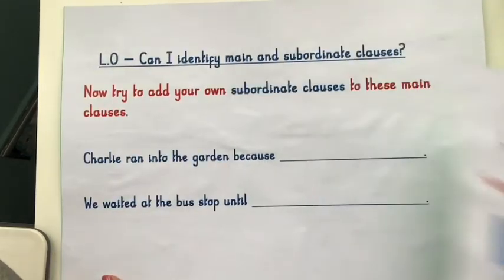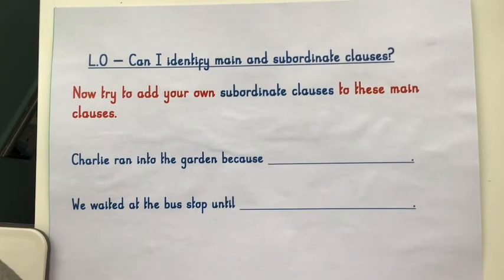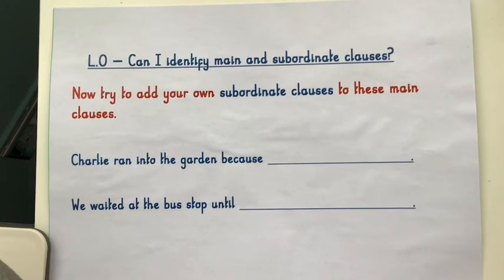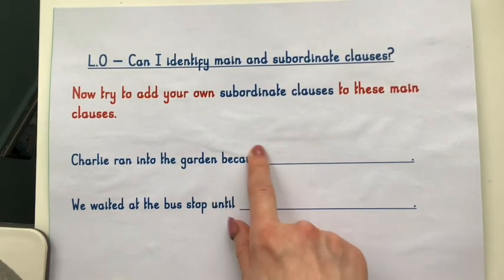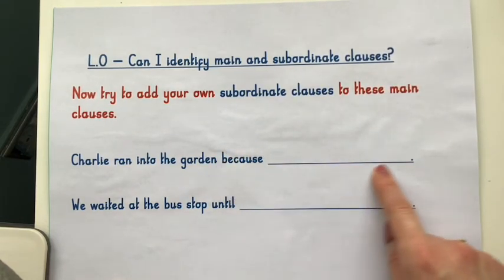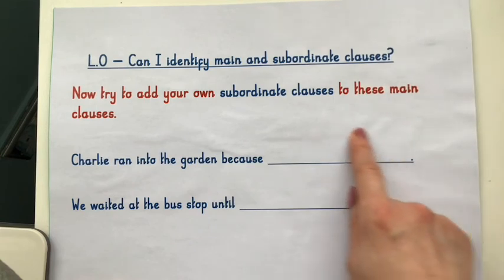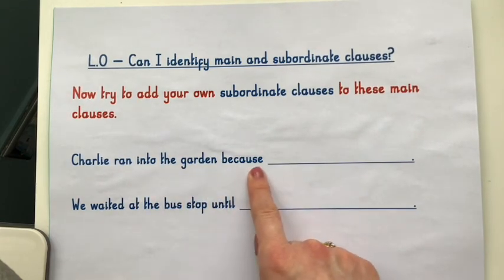Okay. So now you're going to have a go at adding your own subordinate clauses to these main clauses. So you've got Charlie ran into the garden, which is a main clause, and then you've got the conjunction because. So you've got to finish that subordinate clause off at the end. Okay. So think about why Charlie went into the garden.